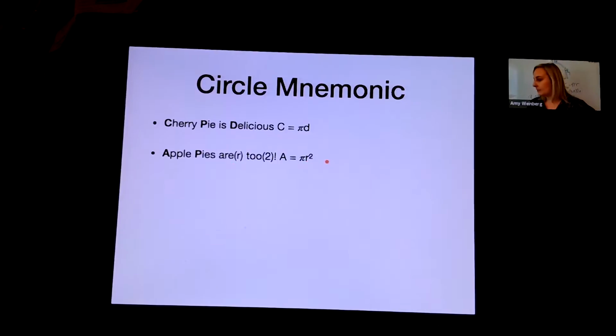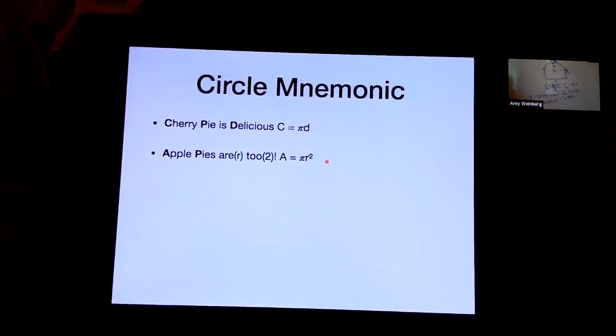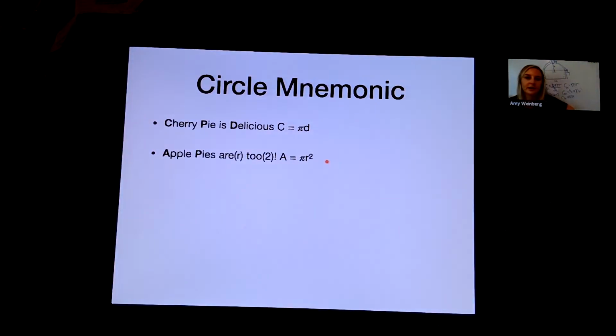So you can use that if you're having trouble remembering the equations for circles. Remember, circumference is perimeter. And then we have our area. So cherry pie is delicious, apple pies are too. Can be very helpful if you're struggling with anything having to do with circles.